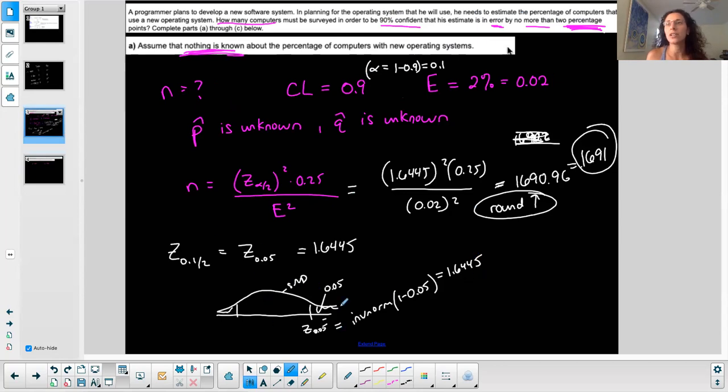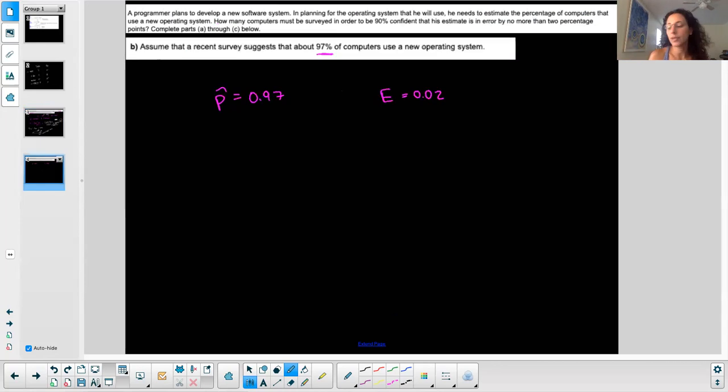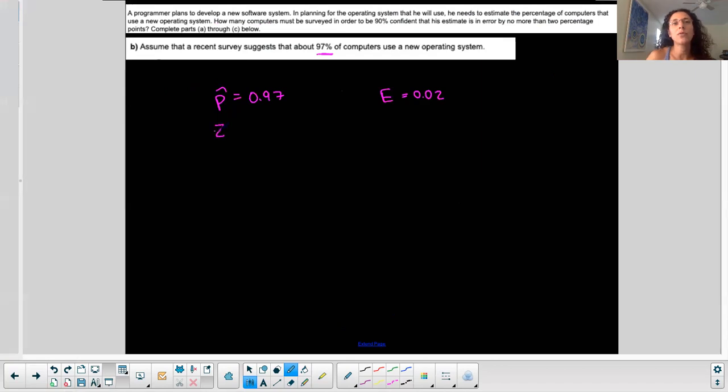That's not going to change for this example because it's still the same initial problem. So if you want to see how I calculated that, look at the last video. So 1.6445. Let me write that down. Our Z of alpha over 2 was 1.6445, our E was 0.02, and now our p hat is given to be 97%.